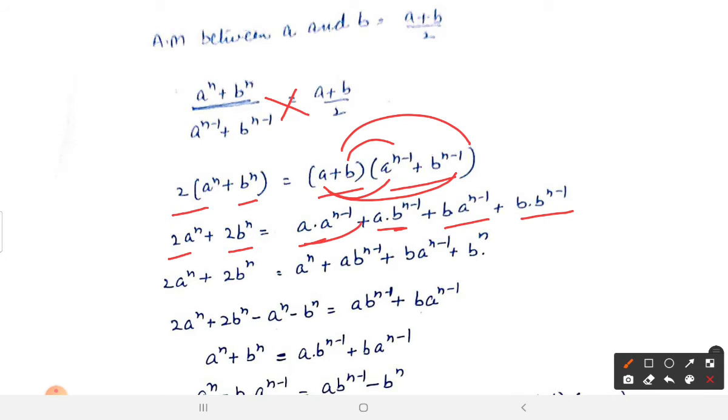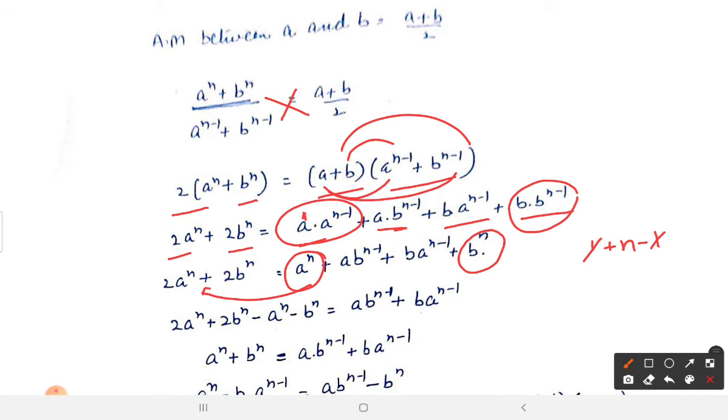Here the bases are same. In multiplication powers will get added. Here a to the power n plus n minus 1. So total power will become a to the power n. Here also total power is b to the power n. Let us now combine this with this and this with this. Take this as 2a^n plus 2b^n minus a^n minus b^n, and here these as it is.